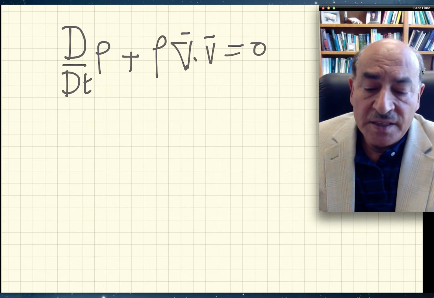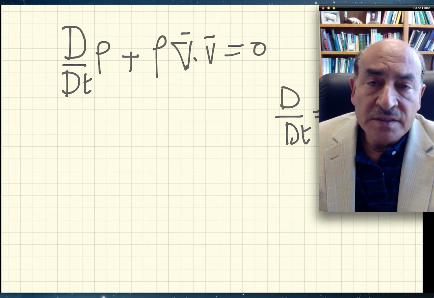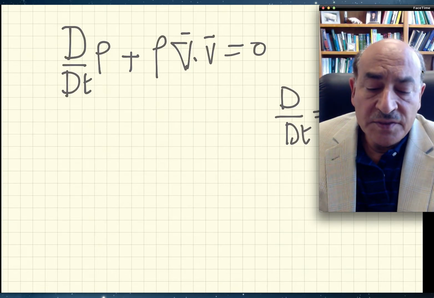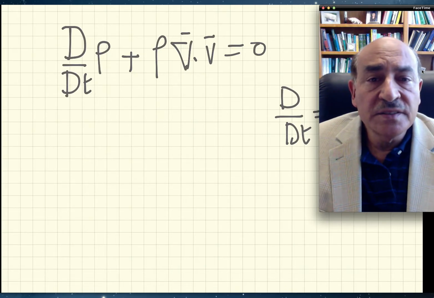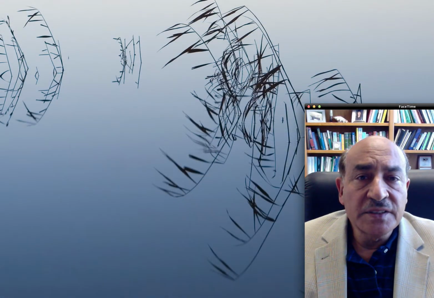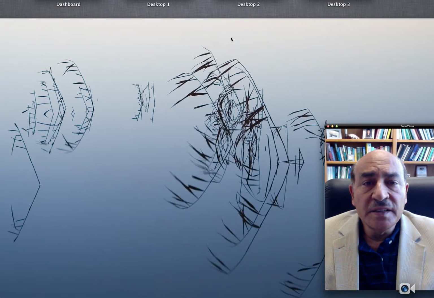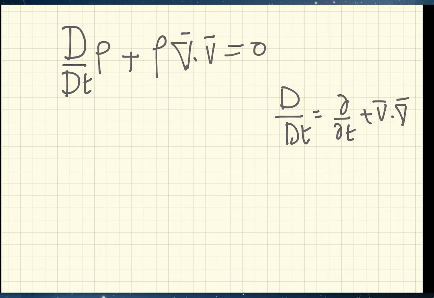Note that D over Dt is the same as partial by partial t plus v dot grad, and that represents the material derivative that we have in our system.